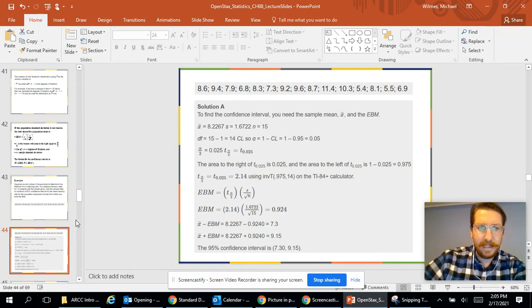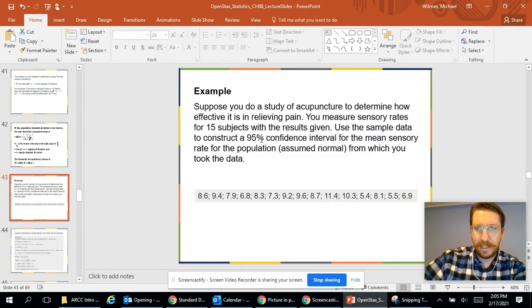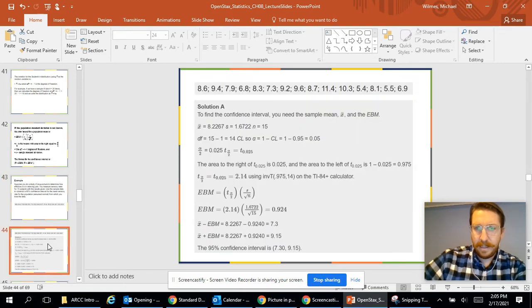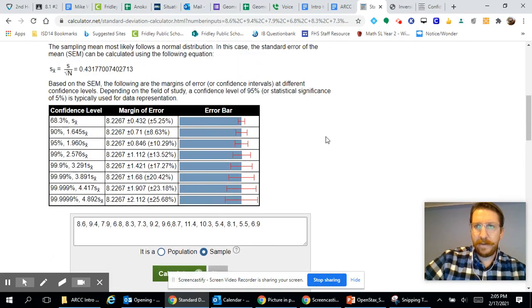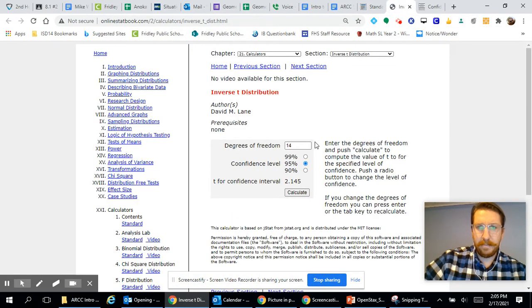And we wanted to find the 95% confidence level. This is going to be using not an inverse normal calculator, but an inverse T calculator. So our degrees of freedom, n minus 1, is 14.